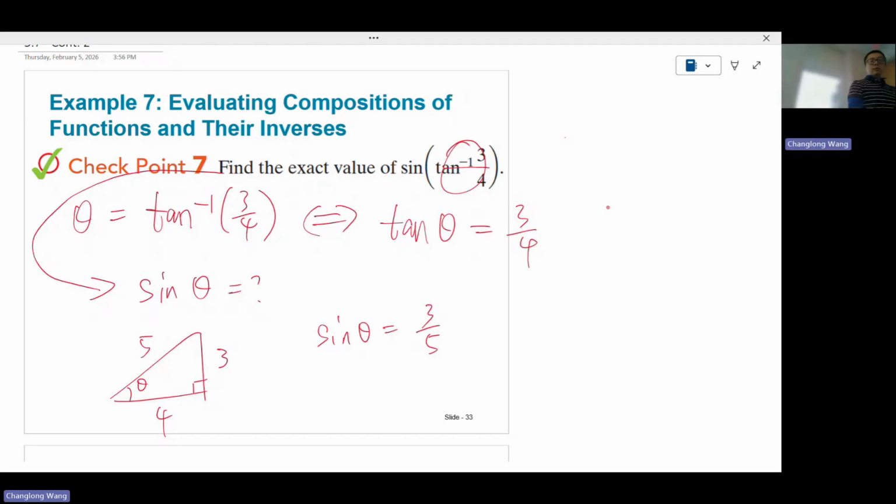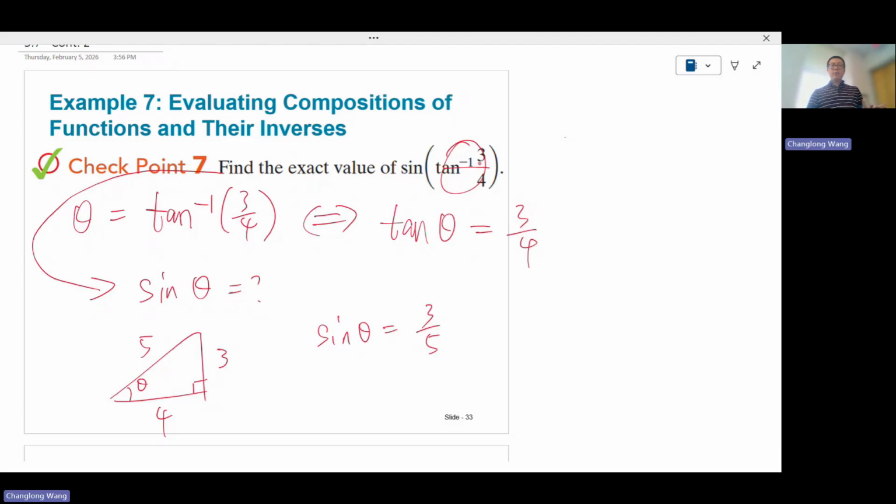So in general, if we're expecting an angle as an output of an inverse trig, so inverse tan, inverse cosine, inverse sine, they're nothing but just angles, right? But now do you see that the problem is just trying to tell us an angle, but in such a non-intuitive way.